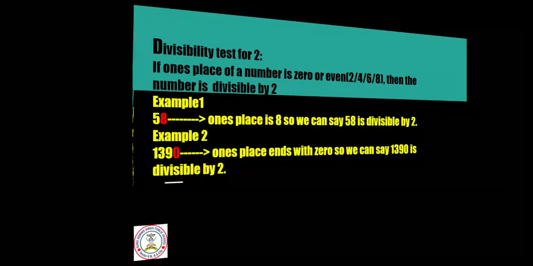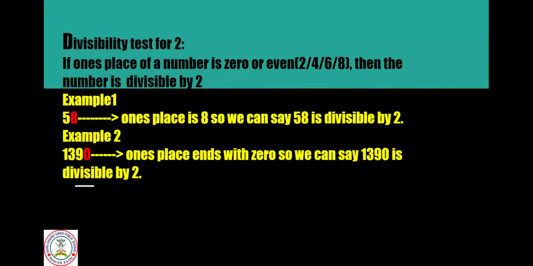Divisibility test for 2. If the one's place of a number is 0 or even, that is 2 or 4 or 6 or 8, then the number is divisible by 2. Example 1. 58.